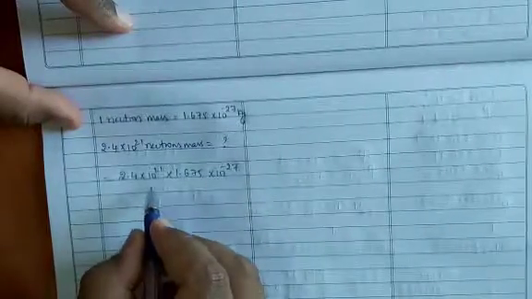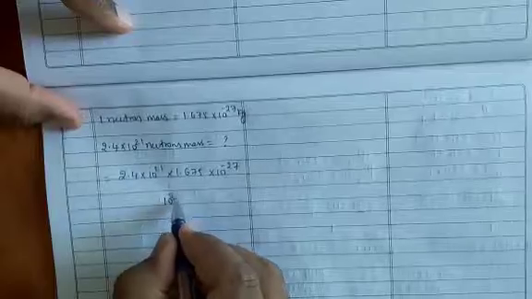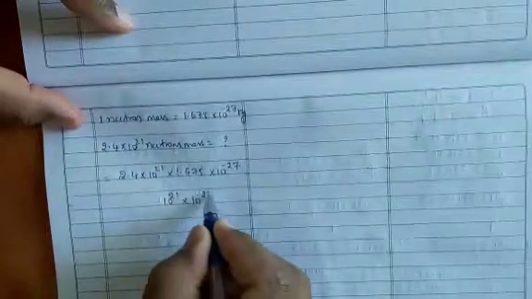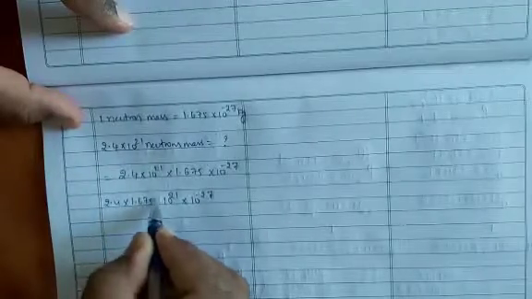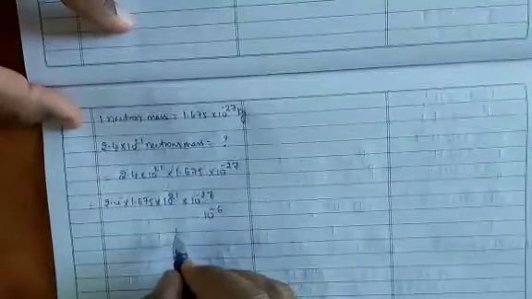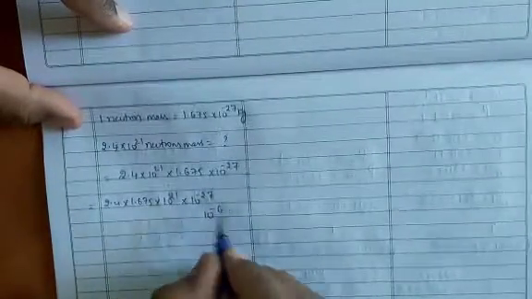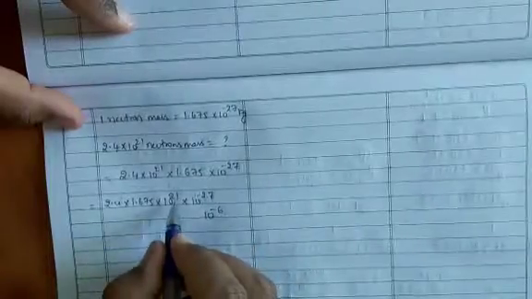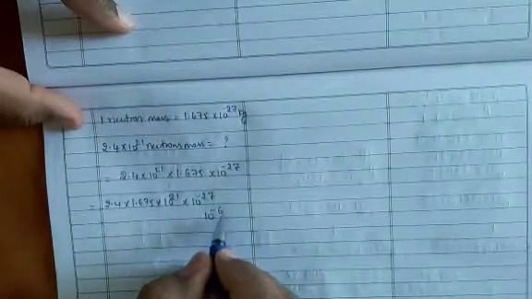Now 10 power 21 into 10 power minus 27 is equal to 10 power minus 6.